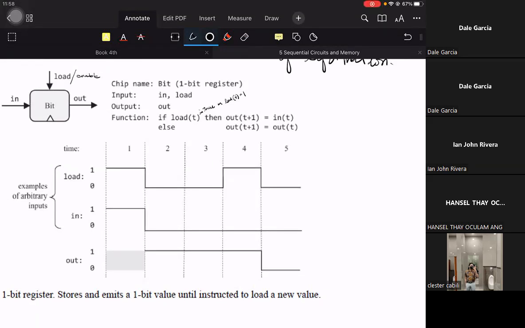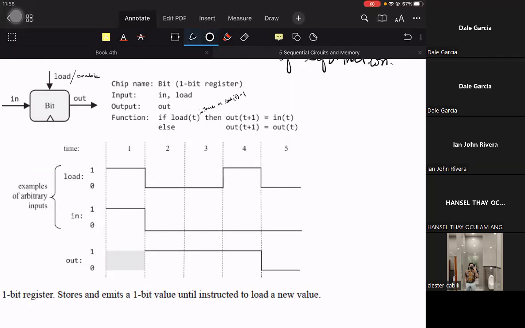For the first cycle, input is 1. The load input is also 1. So what is the output? We do not know, again, because we do not know the previous state of our register.